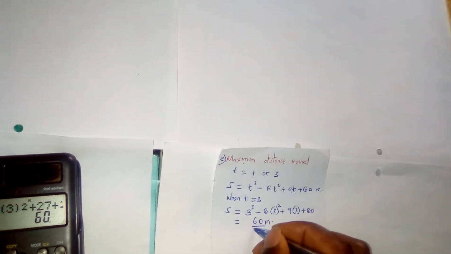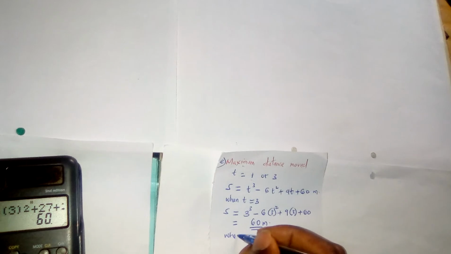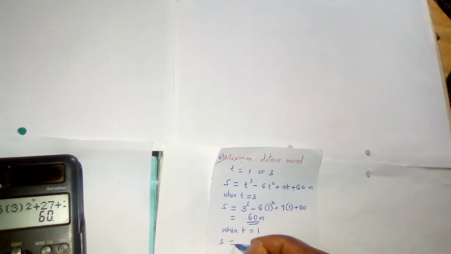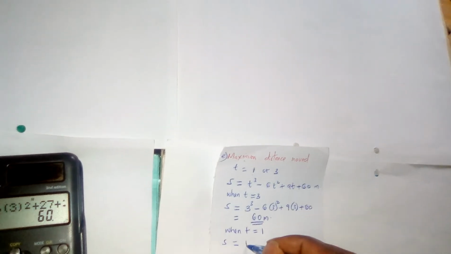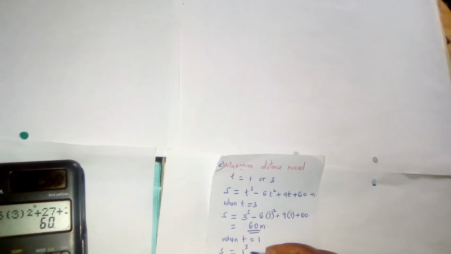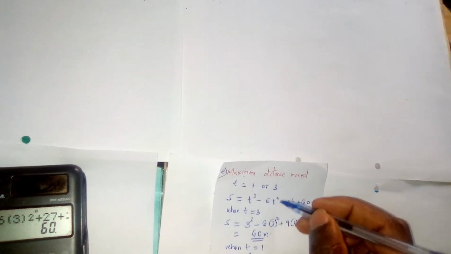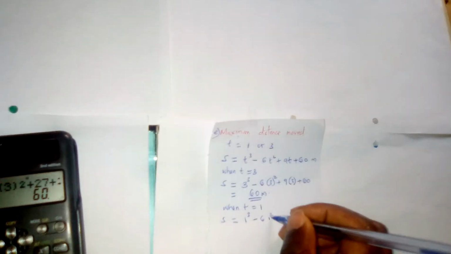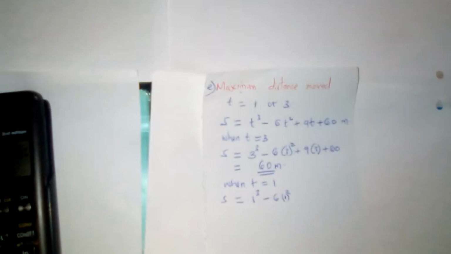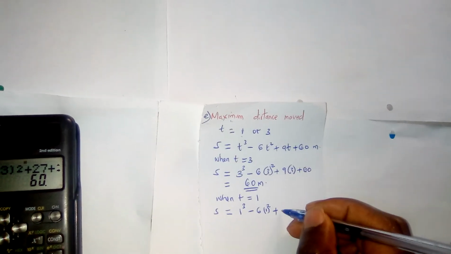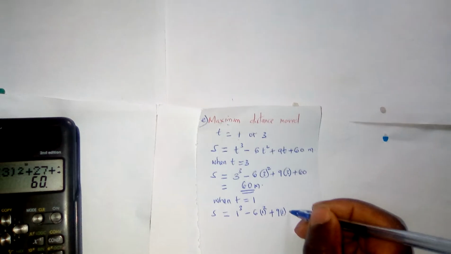Now for the second round, let us look at when t is equal to 1 second. What is the displacement there? Instead of 3 cube, it will be 1 cube, minus 6 into 1 squared, remembering to put the bracket, then plus 9 into 1, then plus 60.